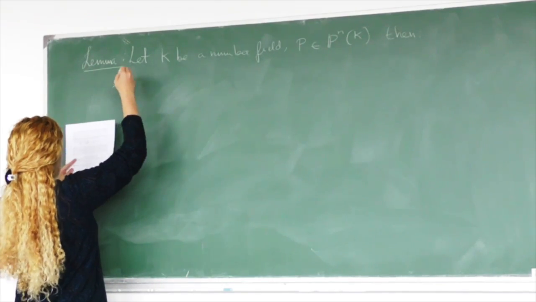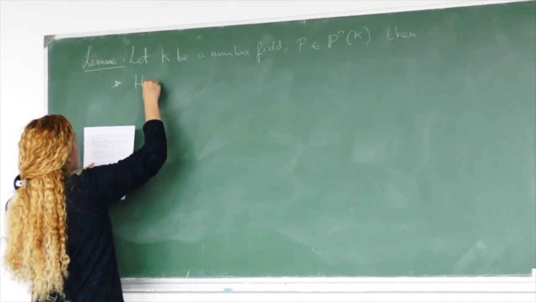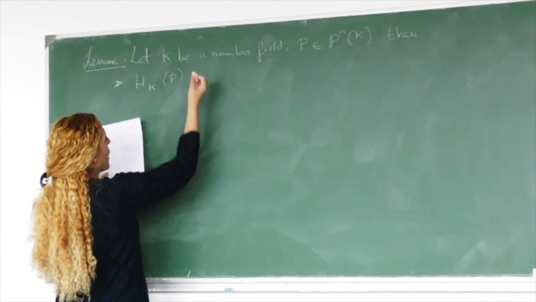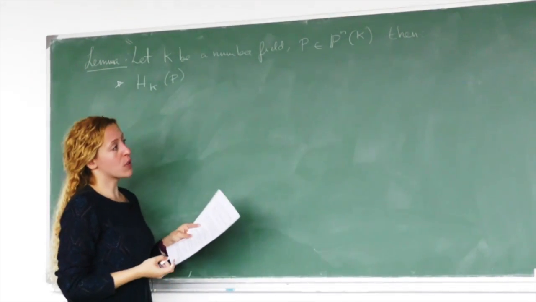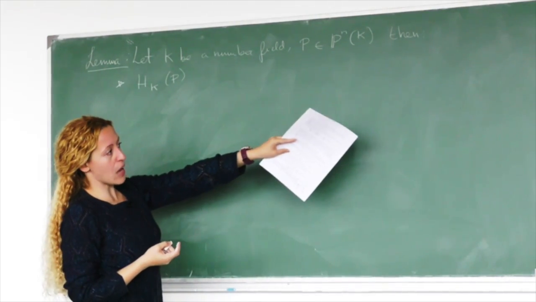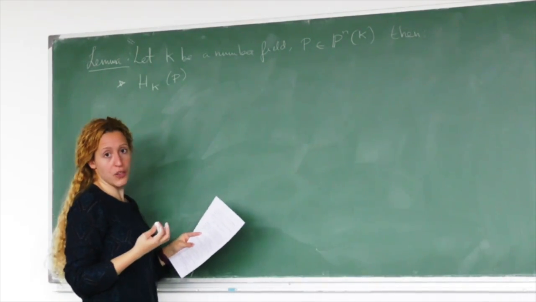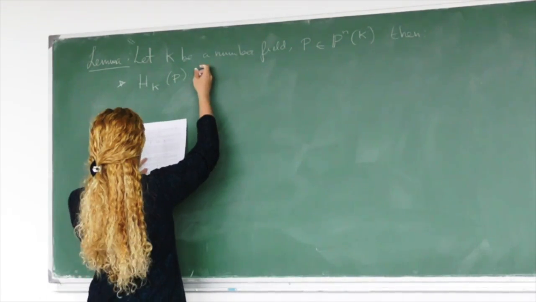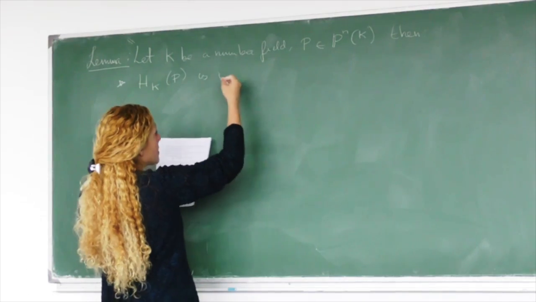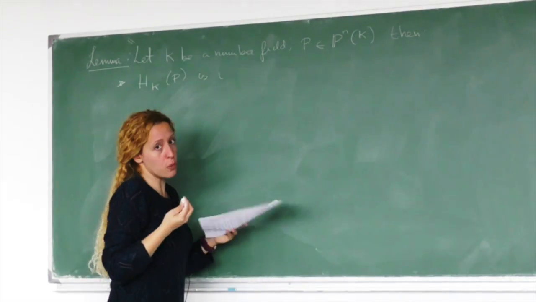So the first one is that the height is actually well defined, because we gave that definition, but somehow it depends on the choice of the coordinates for P. So we are going to prove that it doesn't matter which choice of coordinates you make.